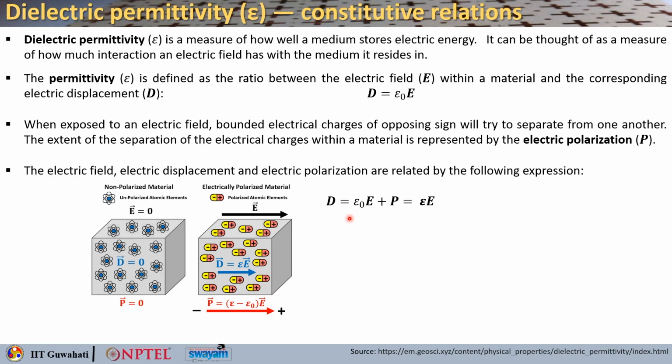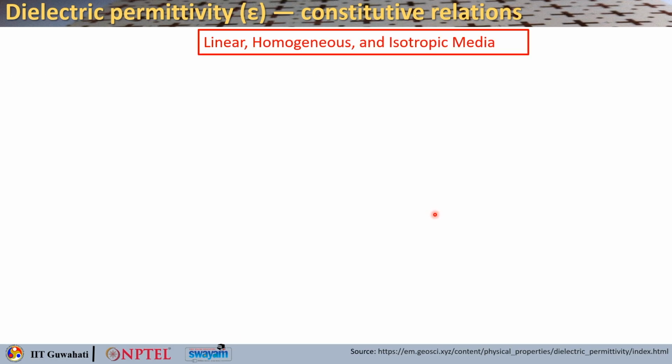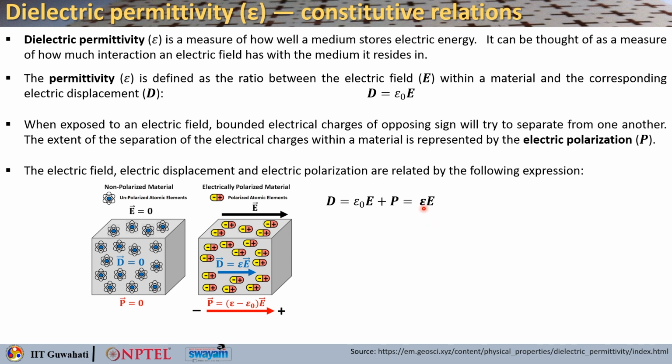So, you can write D equals epsilon naught E plus P. So, this is where the response of the material is getting into the picture. So, as you see that P is basically epsilon minus epsilon naught into E. So, when you put it here, you see it only remains to be D equals epsilon E. So, what is this epsilon? It is basically the permittivity. So, that tells you the ratio between the displacement and the electric field.